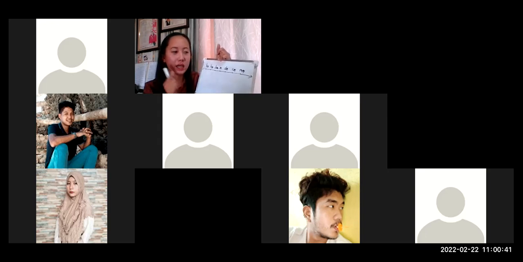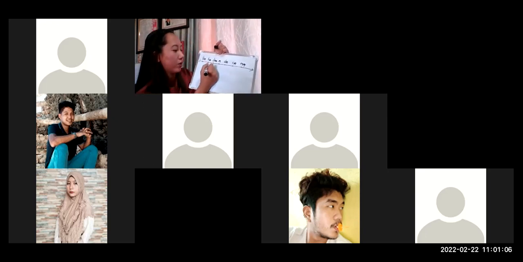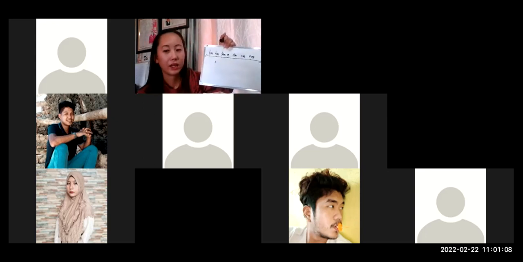Take note, kung ang given natin ay nasa right at ang hinahanap ay nasa left, move it to the left. Okay, ano ba yung hinahanap natin? Centimeters or hectometer? Hectometer ang hinahanap natin. Ano yung given natin?